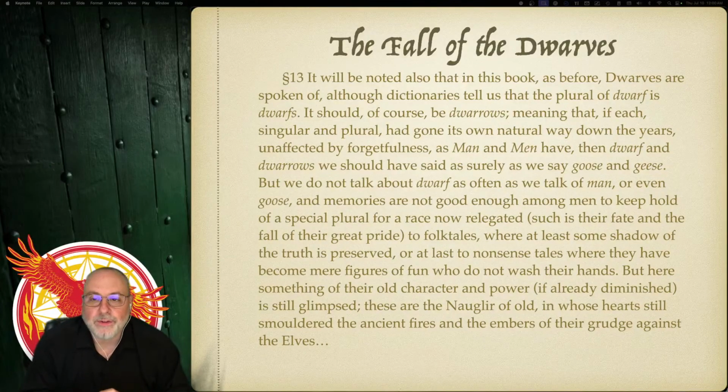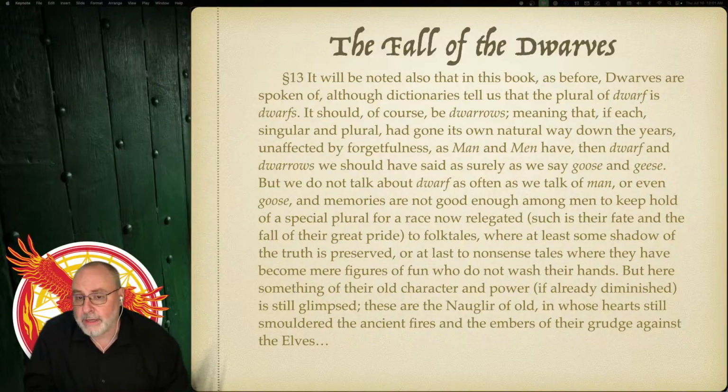it will be noted also that in this book, as before, dwarves are spoken of, although dictionaries tell us that the plural of dwarf is dwarfs. It should, of course, be dwarrows, meaning that if each singular and plural had gone its own natural way down the years, unaffected by forgetfulness, as man and men have, then dwarf and dwarrows we should have said as surely as we say goose and geese. But we do not talk about dwarf as often as we talk of man, or even goose.